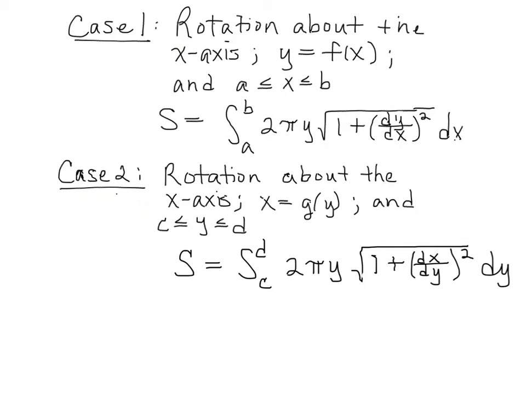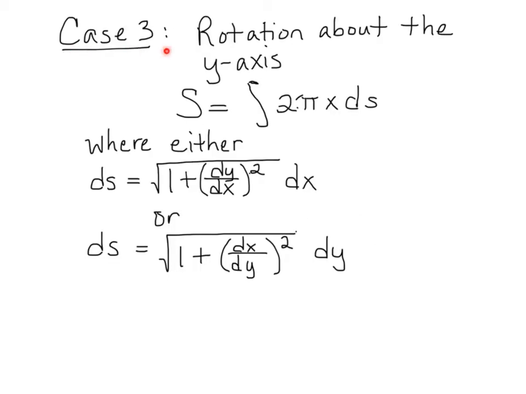Case 2: suppose we rotate about the x-axis a function x equals g of y, with y between c and d. The surface area is the integral from c to d of 2 pi y times the square root of 1 plus (dx/dy) squared, dy. Note here we're integrating with respect to y.